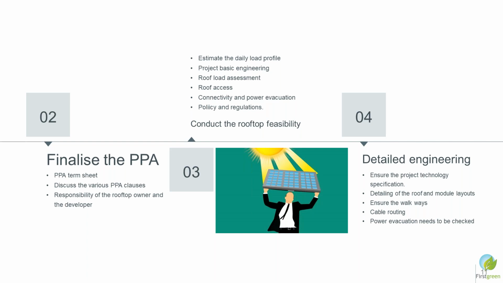For example, in Rajasthan, if you are doing a project which is 1 megawatt and above, even if it is a commercial and industrial rooftop project, you have to take a DISCOM approval, and there may be possibility that they have some charges related to the cross subsidy, even if you are generating behind the meter. So those new regulations are coming up in some of the states which are to be checked with reference to your proposed installation, so that you should not get a surprise for your installation.